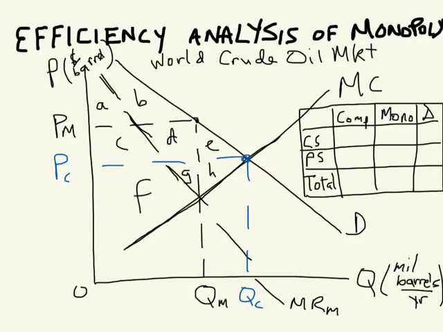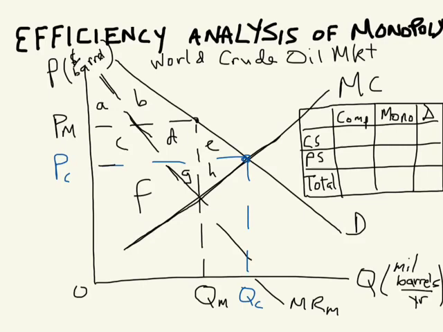Let's start with the competitive outcome. Remember that consumer surplus is the area below the demand curve, above the price, and we're doing the competitive case, so we'll use P sub C. We sum that area up over all the output produced in the case we're examining, so Q sub C would be our output for the competitive case.